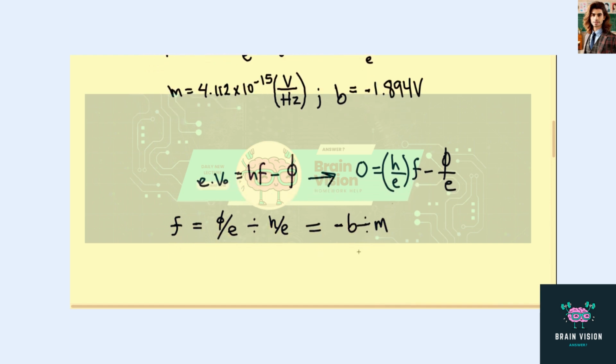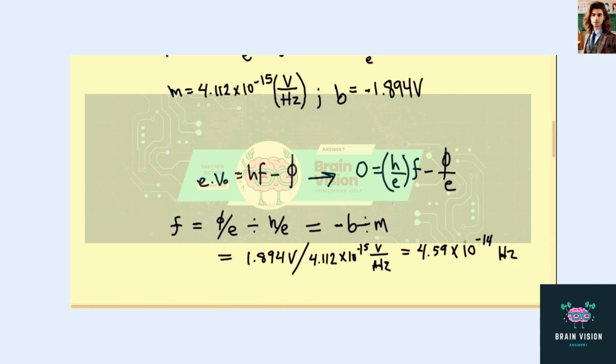And negative B over the slope is equal to 1.894 volts over 4.112 times 10 to the negative 15 volts per hertz. And this value is 4.59 times 10 to the negative 14 hertz.